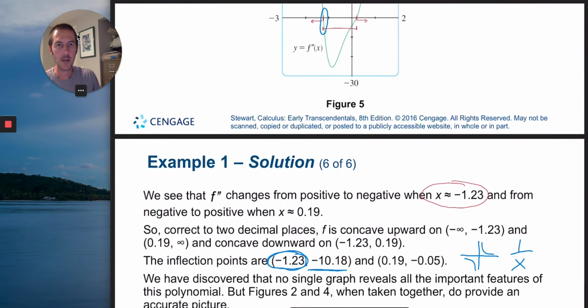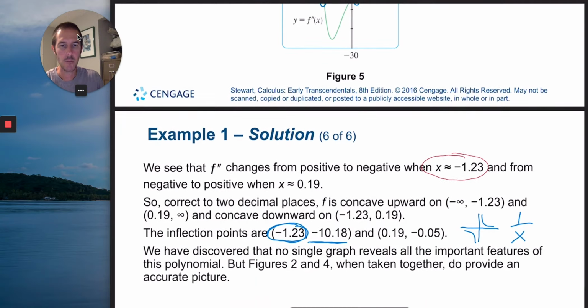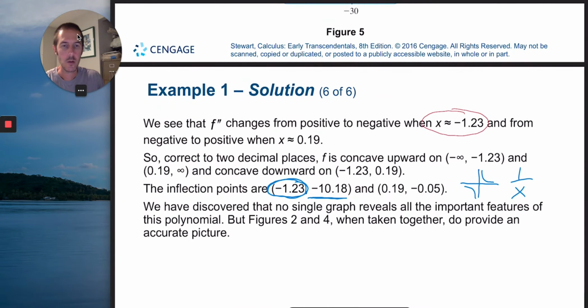Glance back up again at figure 5. There's another inflection point where f double prime is going from below the x-axis to above the x-axis. Therefore, we've got a change in concavity there that goes from negative to positive. Change in concavity means we have an inflection point. In this case, for sure, we have an inflection point because the function is defined at approximately 0.19, and then we plugged that value back into the original function to get the corresponding y value.